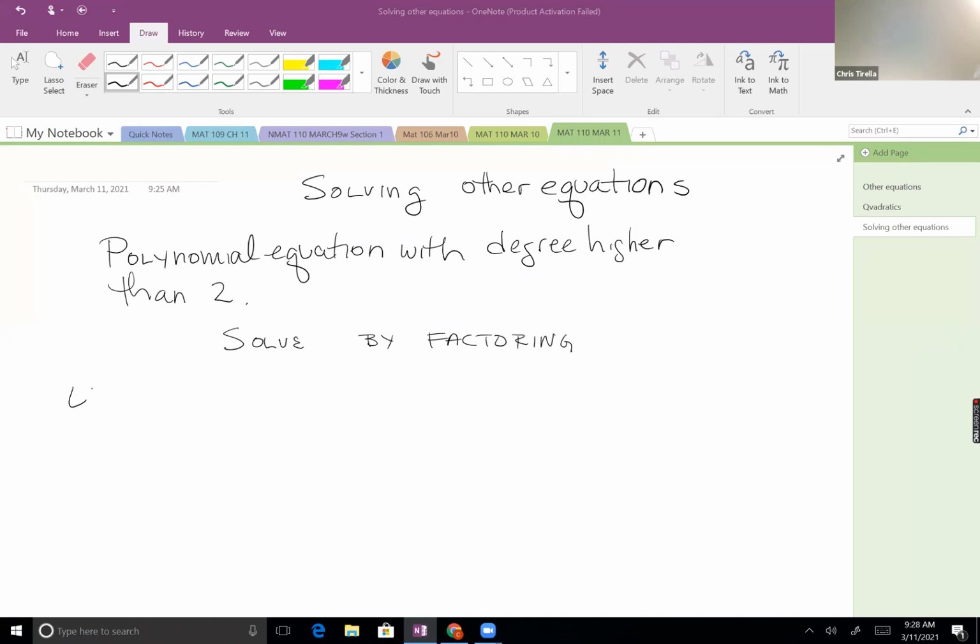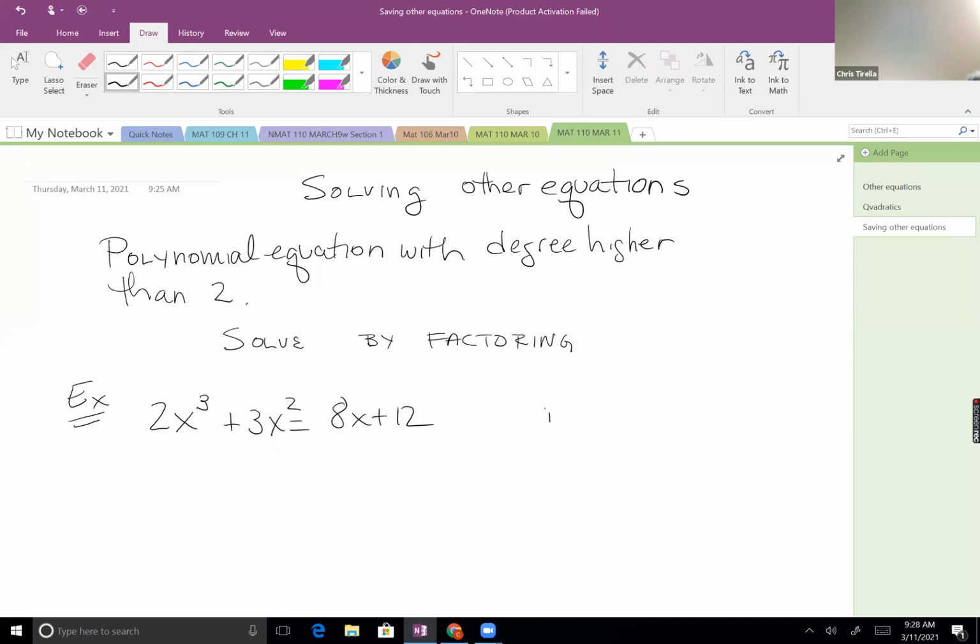And so if we start with an example, let's look at 2x cubed plus 3x squared equals 8x plus 12. And if we're going to solve it by factoring, we're going to be making use of that 0 multiplication property. And in order to use that 0 multiplication property, things have to multiply to 0.